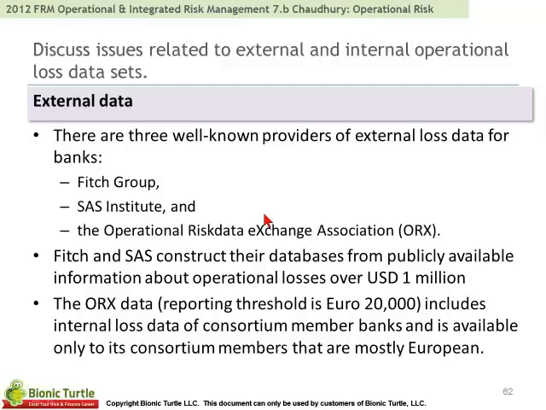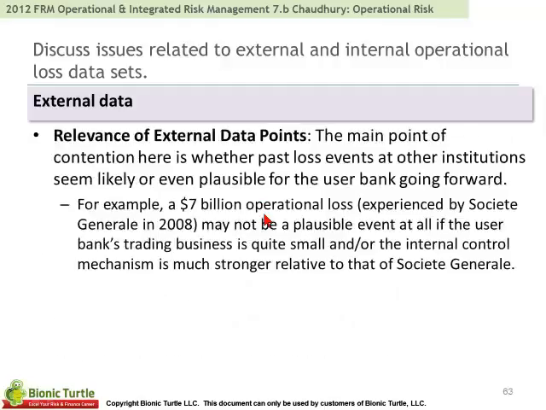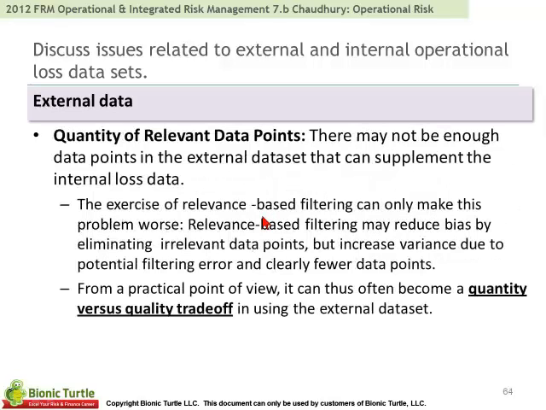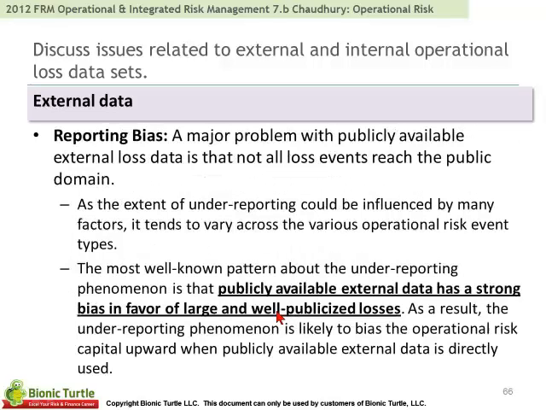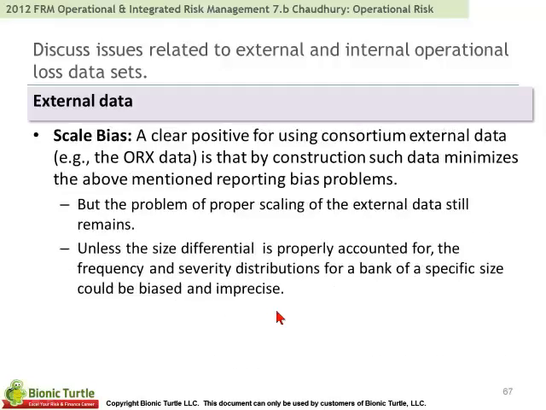And then, of course, with the external data we have data issues as well. Relevance of the external data points. Quality of the external data points. Nature of the information in the external database, which I think is related to quality. Biases, including reporting biases. And scale bias.